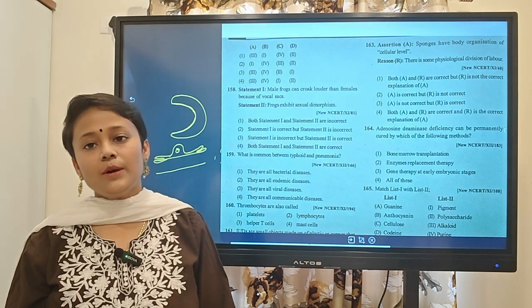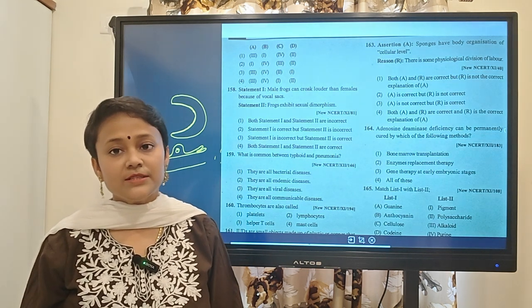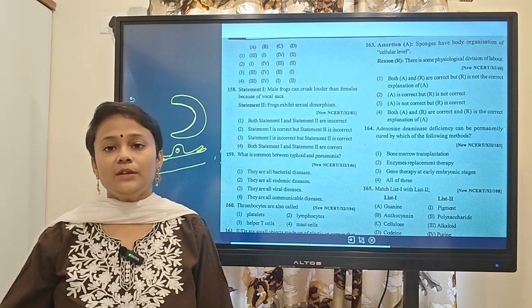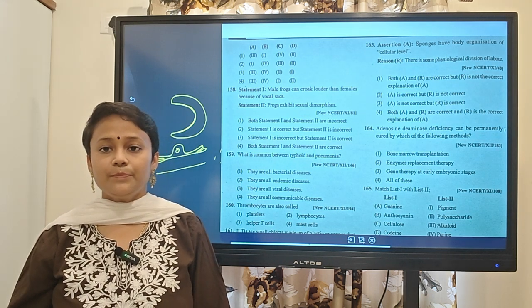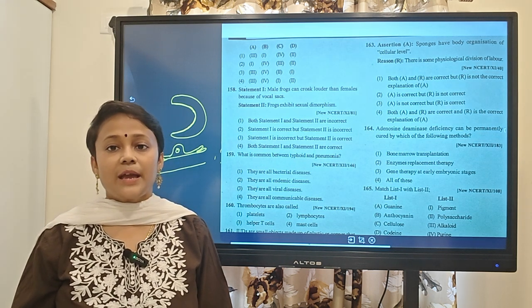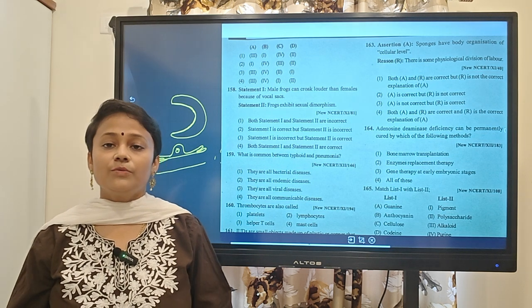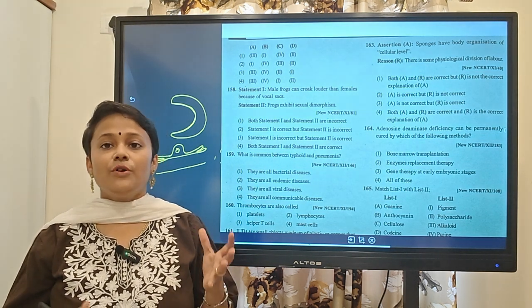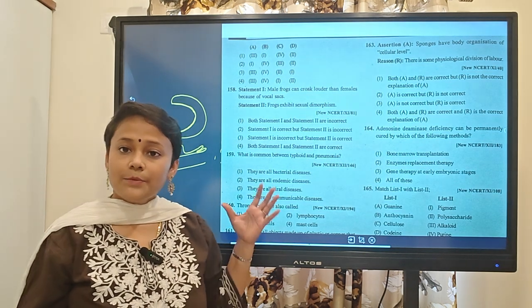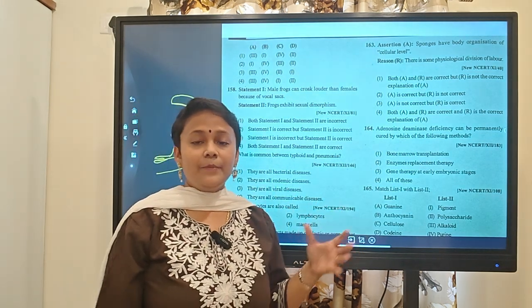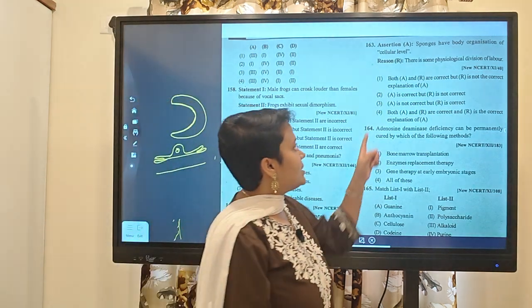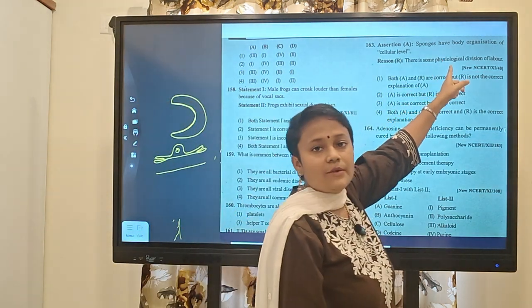We know about the collar cells of sponges. The cells work for different purposes, like respiration and food gathering. These collar cells will work, but they will not organize to form a tissue. So that's why some physiological division of labor will be there.